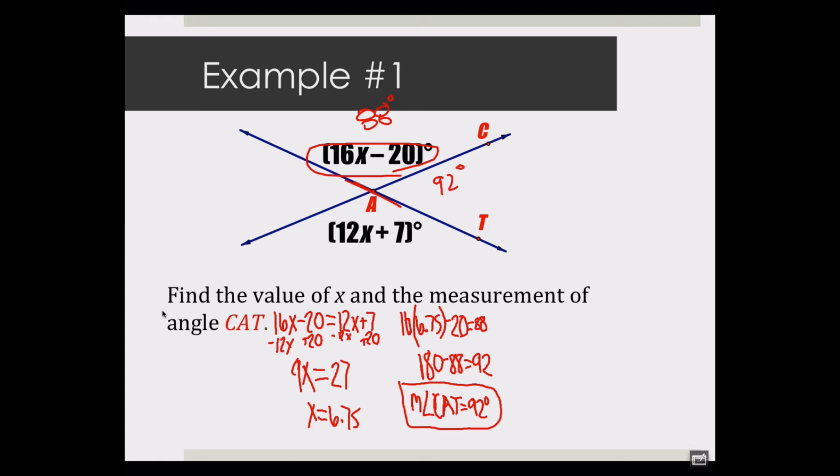Perfect. But I got a question for you, Grace. Is there anything about that problem that bothers you? It's long. Okay, good. I got other things to be doing. It says it's 92 degrees, but it's not. It's an acute angle. Excellent. Anybody else catch that? Angle CAT in the picture is an acute angle.